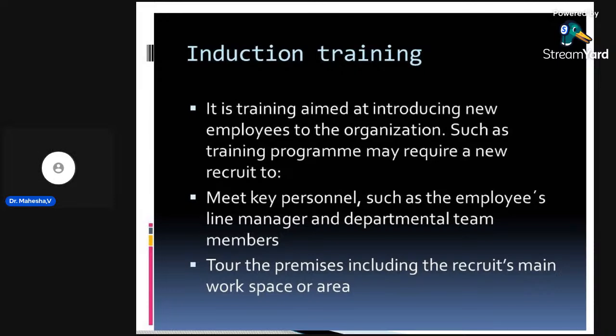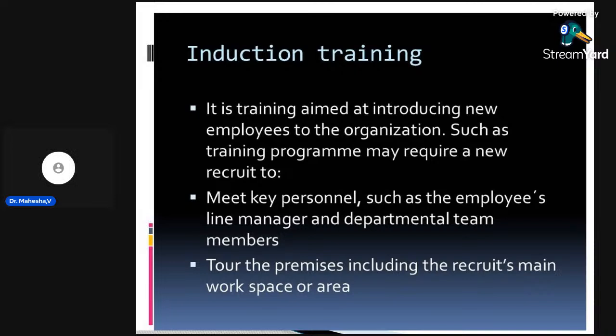Tour the premises, including the recruit's workspace or area. They will make a tour inside the organization because, as we know, there are different departments functioning in the organization.